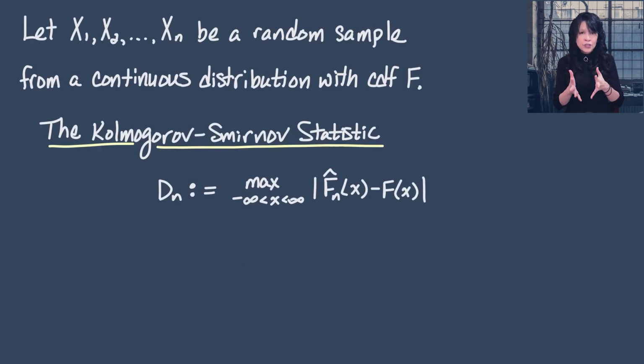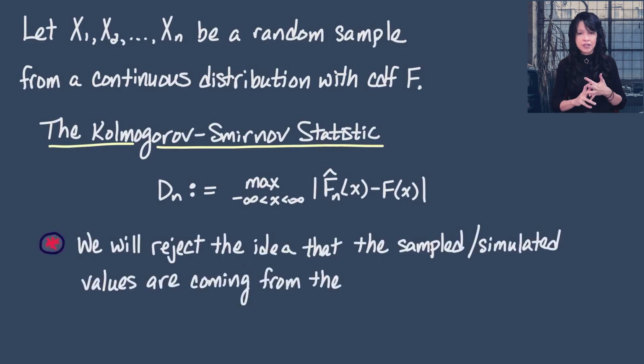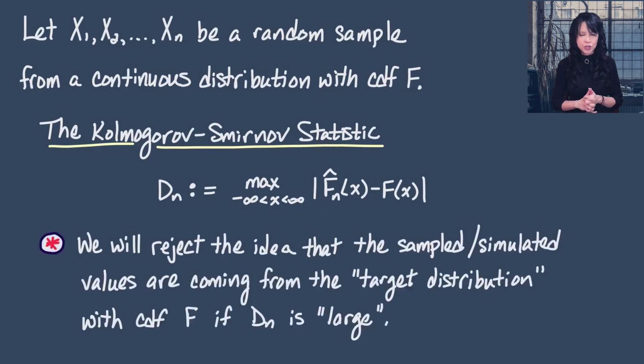So we're going to look at the statistic, and we're going to reject the idea that the sample or simulated values are coming from the target distribution with CDF F if Dn is large. So I've got an empirical CDF from data, and I've got capital F, which is my target, and this should be getting small, hopefully. And if it's not, then we're going to say something is wrong. I reject that the simulation is working correctly.